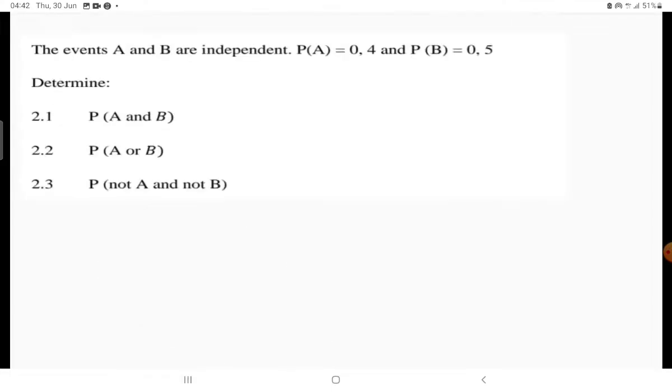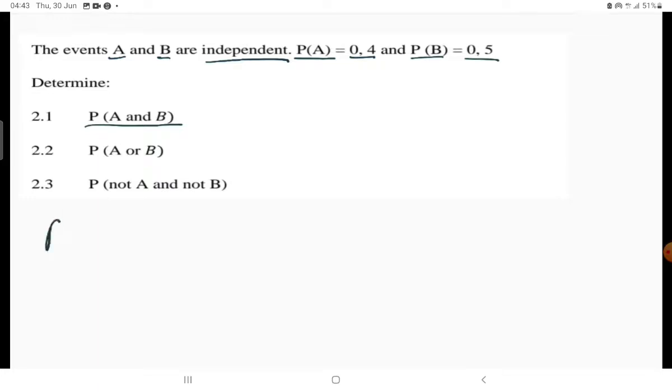To the second question. We're given that the events A and B are independent. Then probability of A is 0.4, probability of B is 0.5. Then we are to determine the probability of A and B. For independent events, remember the product rule.